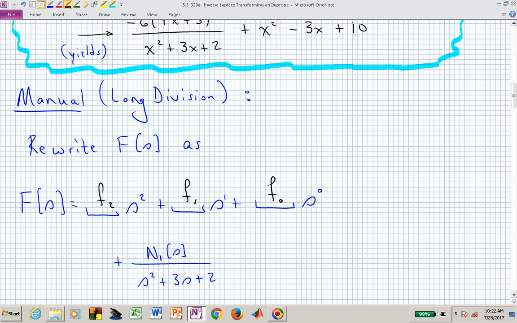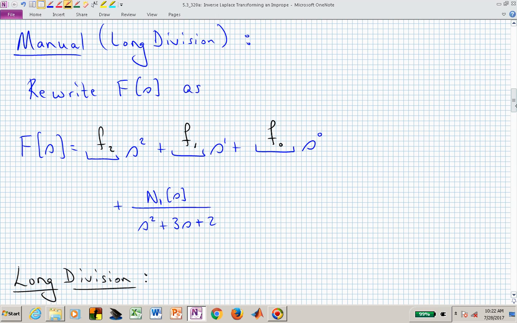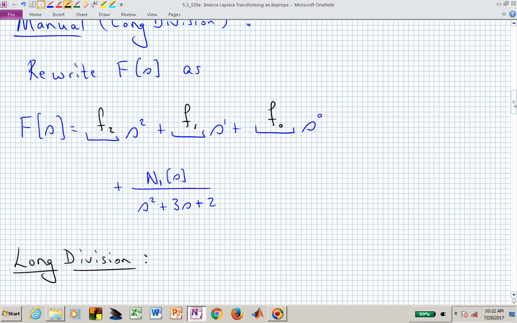By doing that, we have a numerator, n sub 1, with an order strictly less than the order of the denominator. We now want to find, via long division, n sub 1 of s.